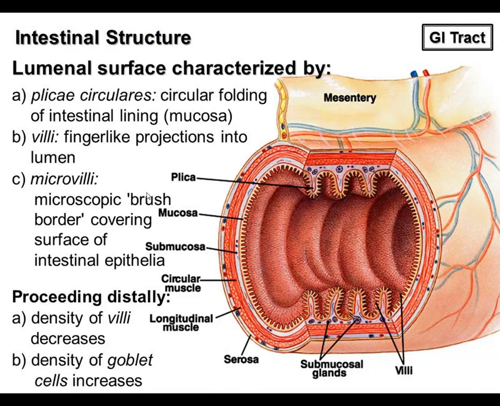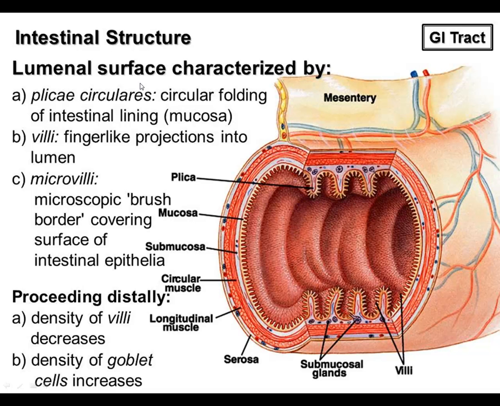All right. If we look at the structure from the inside, the first thing that we see are these circular folds, and we call these guys plica circularis. Inside the plica circularis, you will see these villi, these finger-like projections, and each of those villi will be covered with epithelium. That's columnar epithelium that has also microvilli.